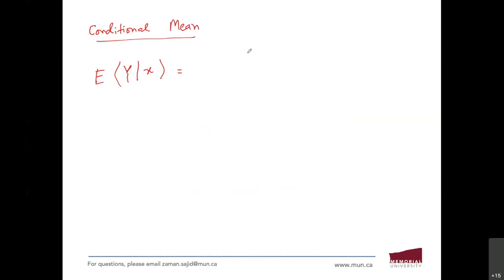I have my conditional probability density function f of y given x, of y, times dy. We integrate it from minus infinity to plus infinity.